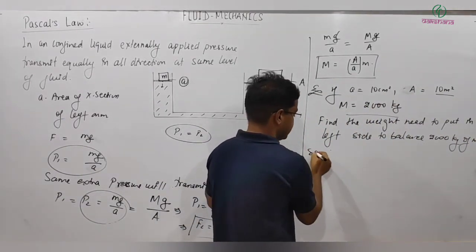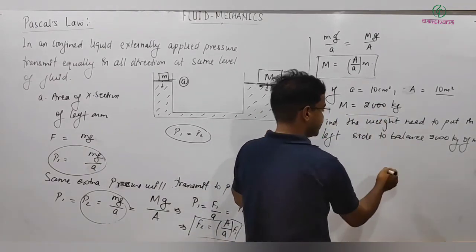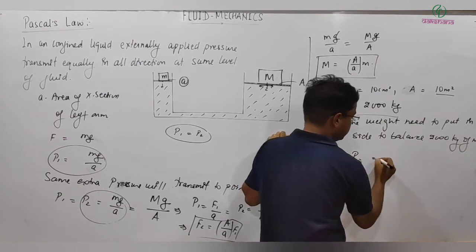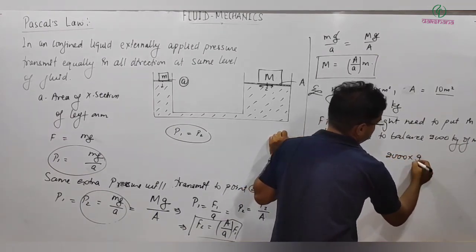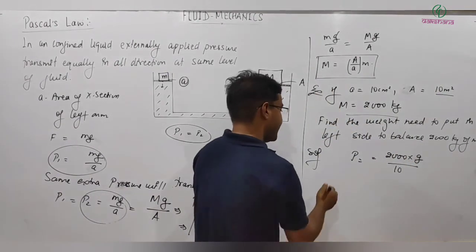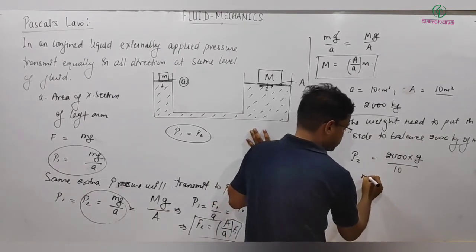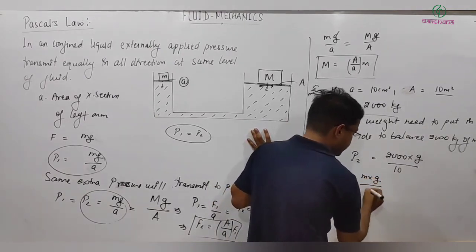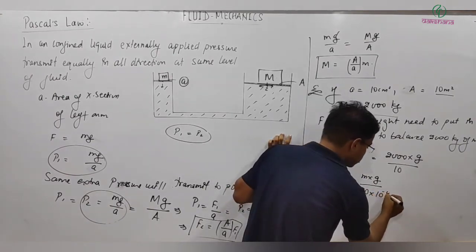So see what that will be. The additional pressure coming this side will be equal to how much? You can write P2 will be equal to Mg divided by the area, 10 meters square, and P1 should be equal to small m times g divided by the area, 10 centimeters square, that is 10 to the power minus 2.